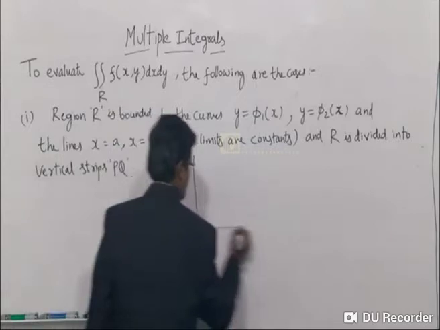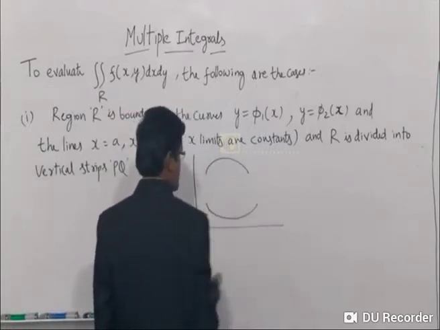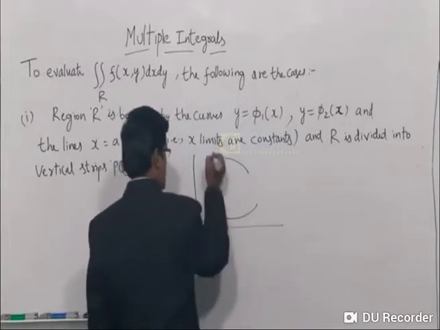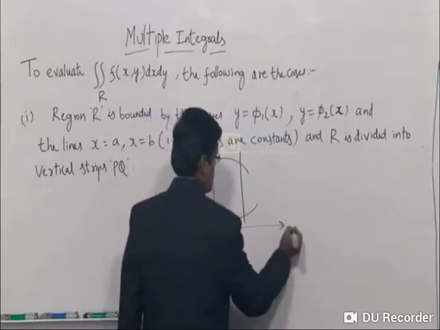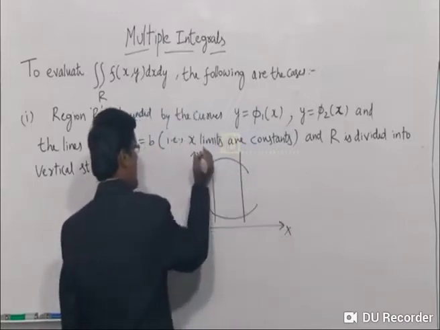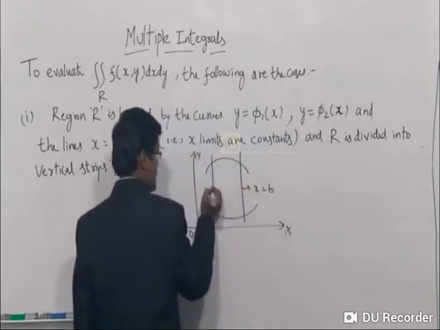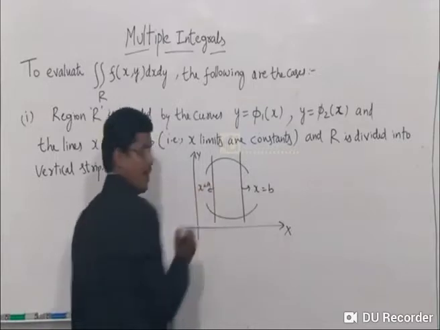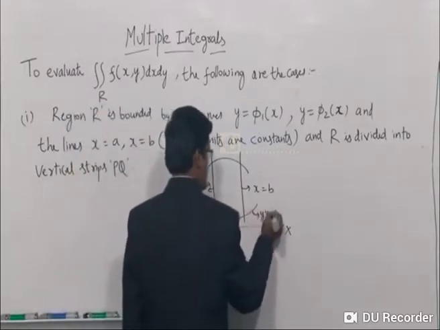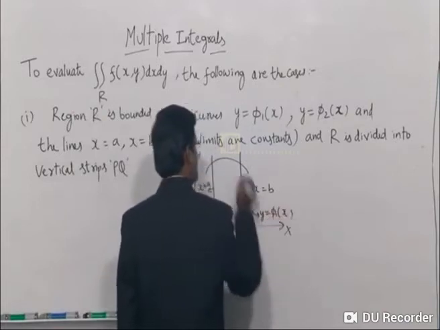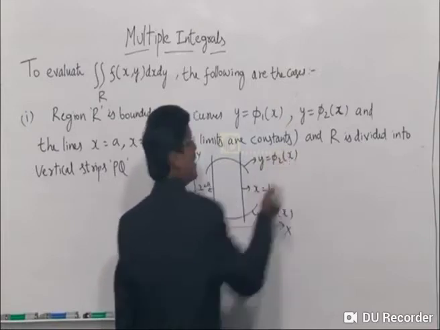Just see the diagram. This is y is equal to phi 1 of x, and this is y is equal to phi 2 of x, like this. And these are two vertical lines, because the x limits are constant. This is the x axis, origin, y axis. This straight line is x is equal to b, and this is x is equal to a, and this is y is equal to phi 1 of x, and this is y is equal to phi 2 of x.